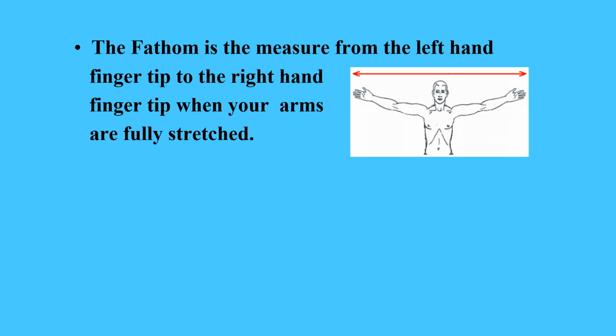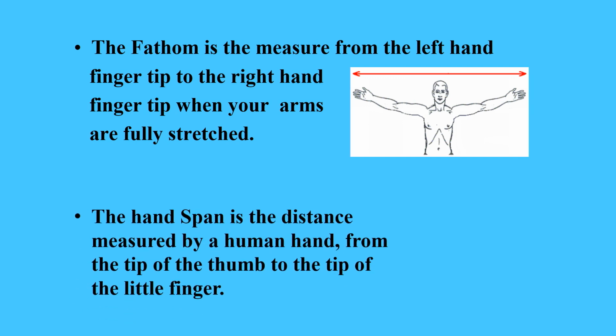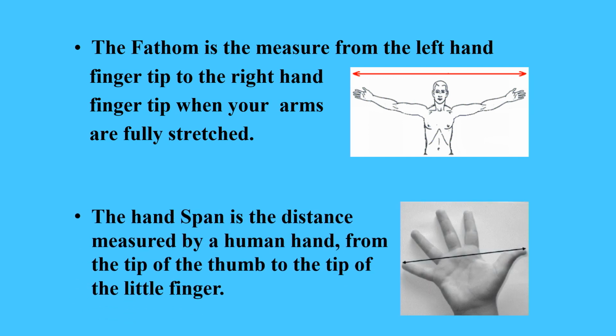The fathom is the measure from the left hand fingertip to the right hand fingertip when your arms are fully stretched. The hand span is the distance measured by a human hand from the tip of the thumb to the tip of the little finger.